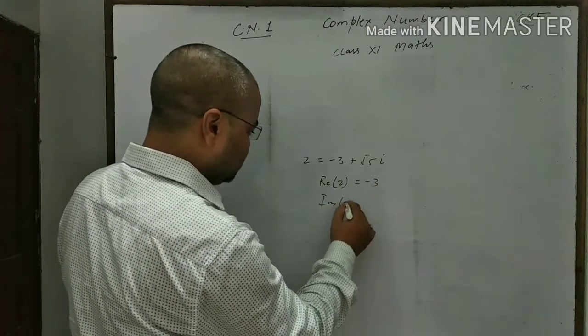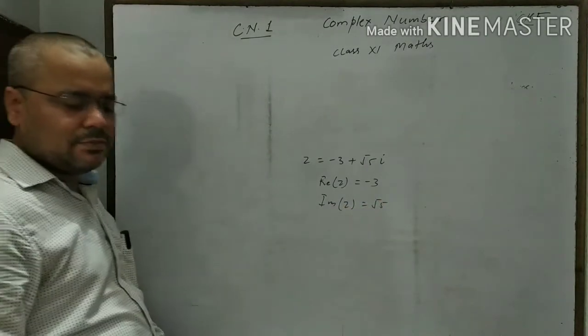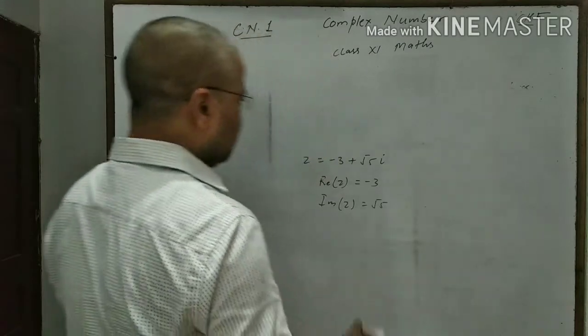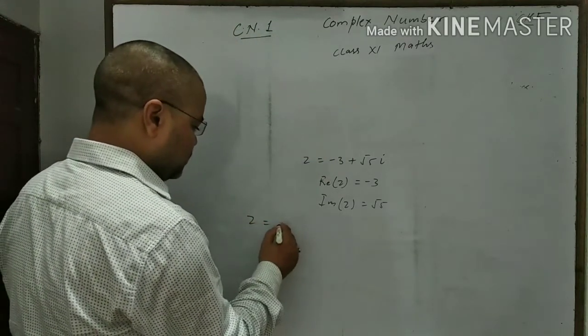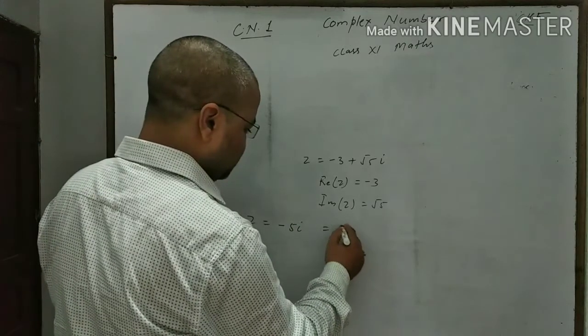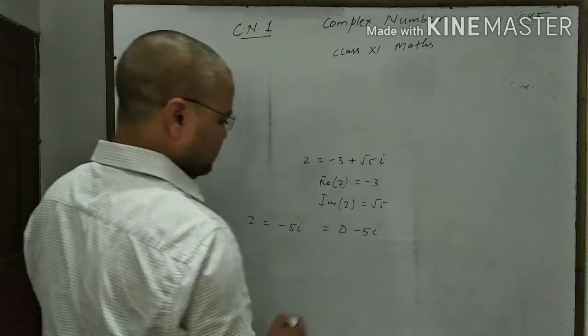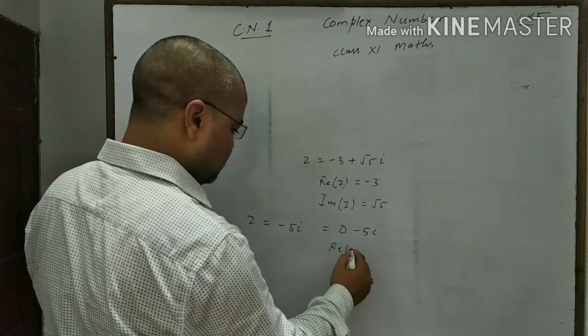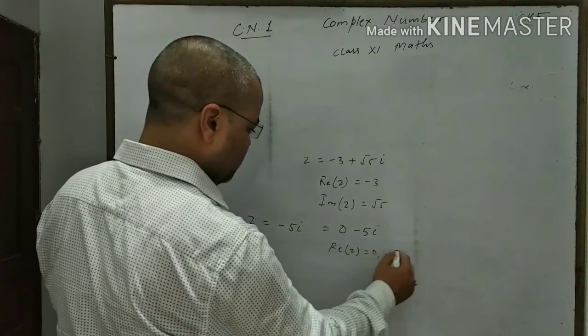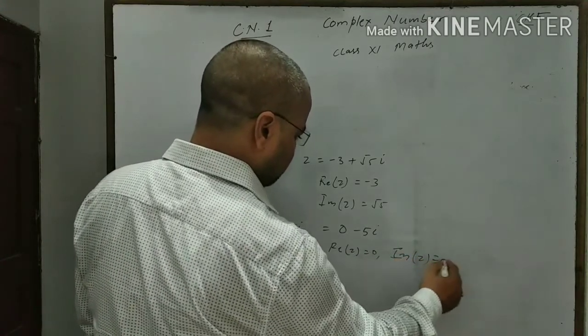The imaginary part of this complex number is root 5. Very simple. Similarly, if we write z is equal to minus 5i, this can be written as 0 plus 0 minus 5i. So here the real part of this complex number will be 0, and the imaginary part of this complex number is equal to minus 5.